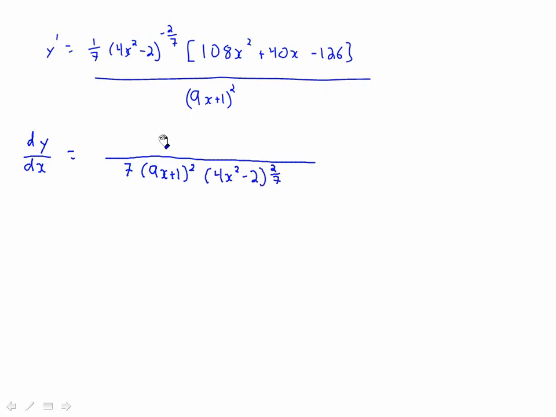And then on top, 108x squared plus 40x minus 126. Well, it's a quadratic, and you might be inclined to try to factor it, but for sure you can take out a factor of 2, leaving you with 54x squared plus 20x minus 63. That much can be done.